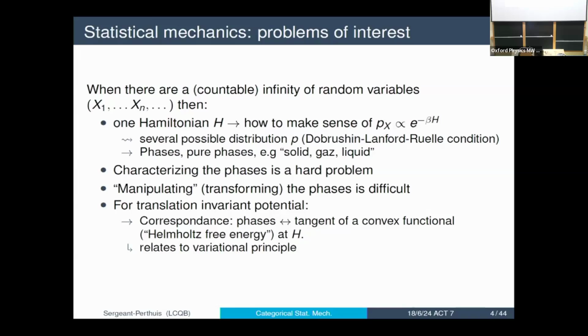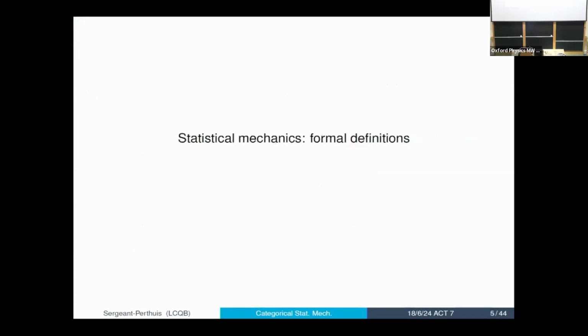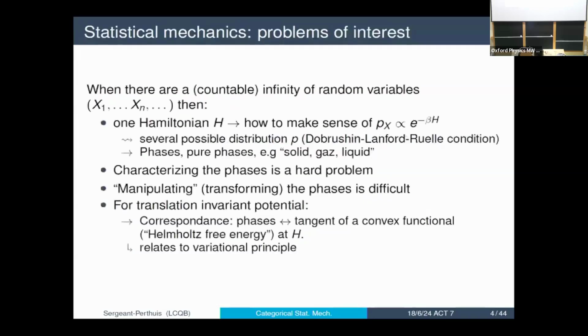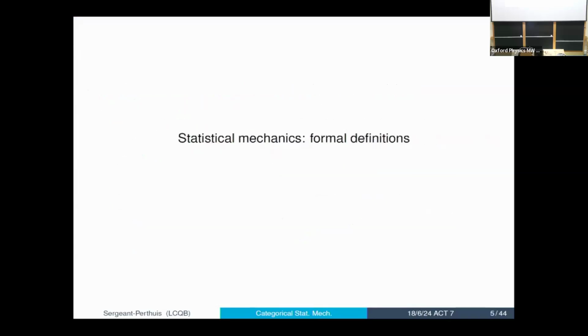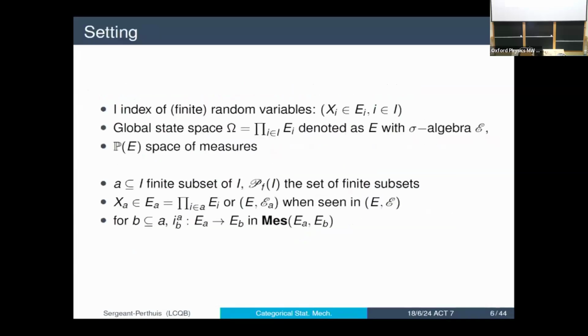This is very important because this is where entropy and free energy will appear, which makes the connection with the end of my talk. But the problem is that the relation from energy to distributions is not compositional, and one of the aims of the talk will be to make it more compositional. But first, let's go back to the definition of a phase in statistical mechanics.